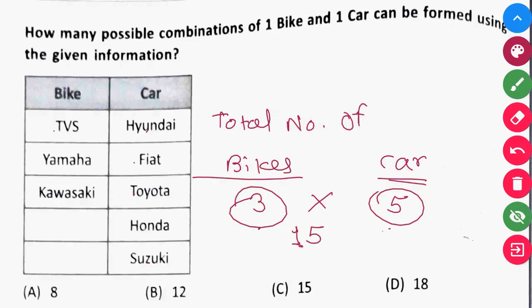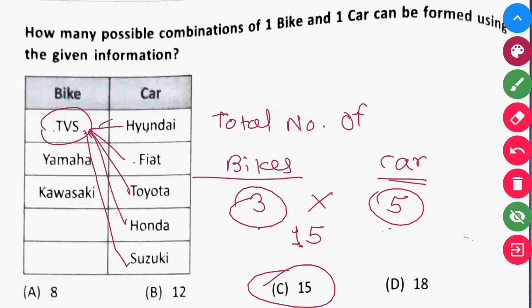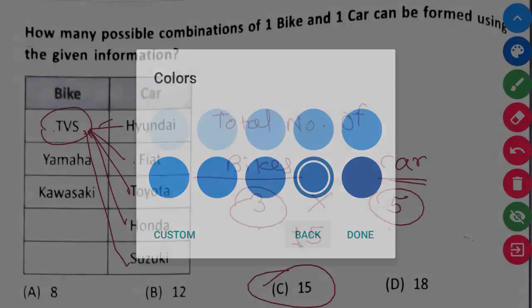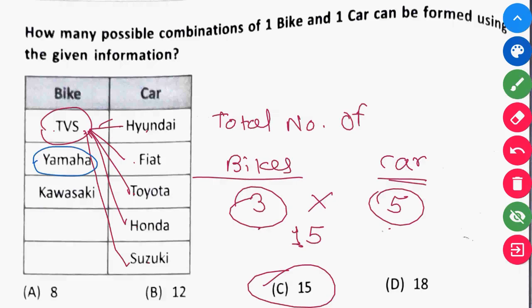So you can form 15 combinations with the given information. How? First take TVS and match it with Hyundai, Fiat, Toyota, Honda and Suzuki. 5 combinations are made. Now we'll take another color to show the next one. Yamaha, if we take it with Hyundai, Fiat, Toyota, again 5 combinations will form.